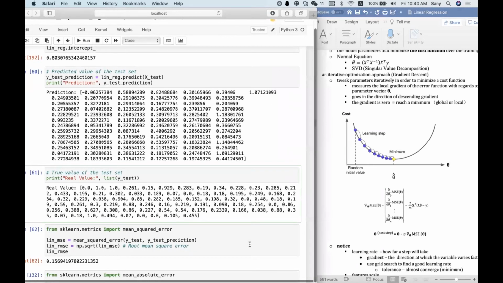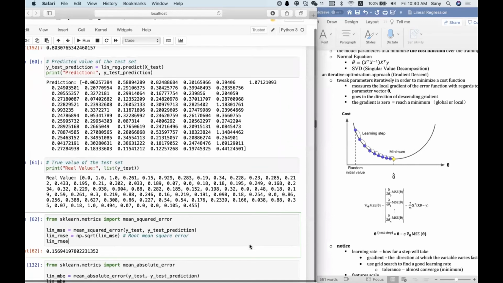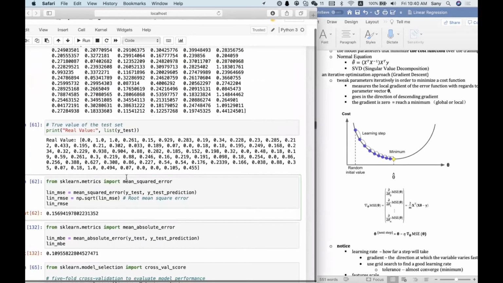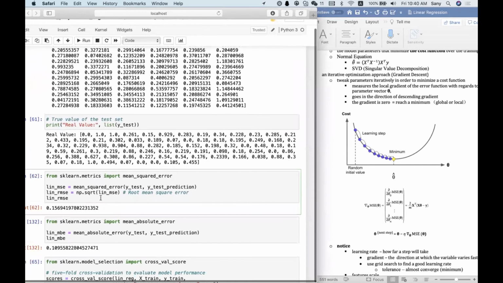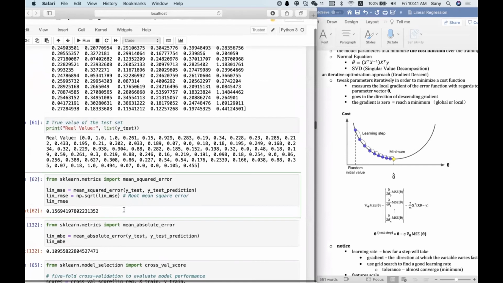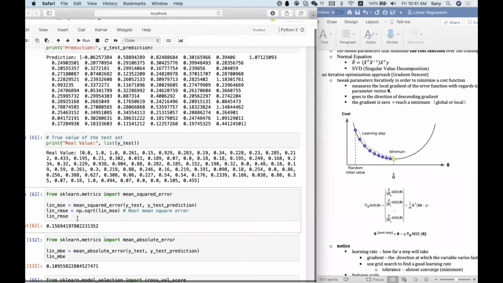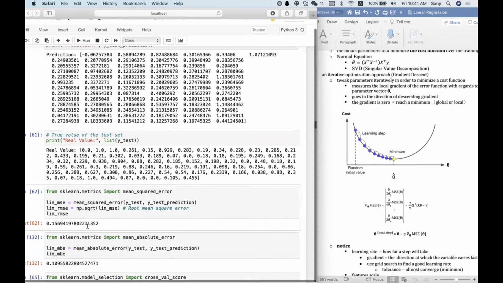So now we have gone through a complete cycle of machine learning, and we can use the metrics inside scikit-learn, like the mean square error, to calculate the difference between y-test and y-test prediction. This score reflects the machine learning algorithm's generalization ability. And you can use other scores.